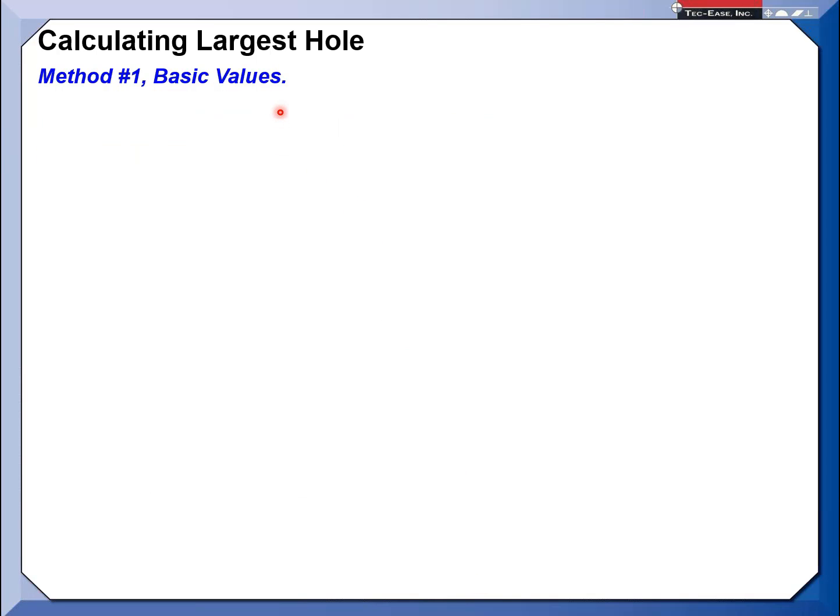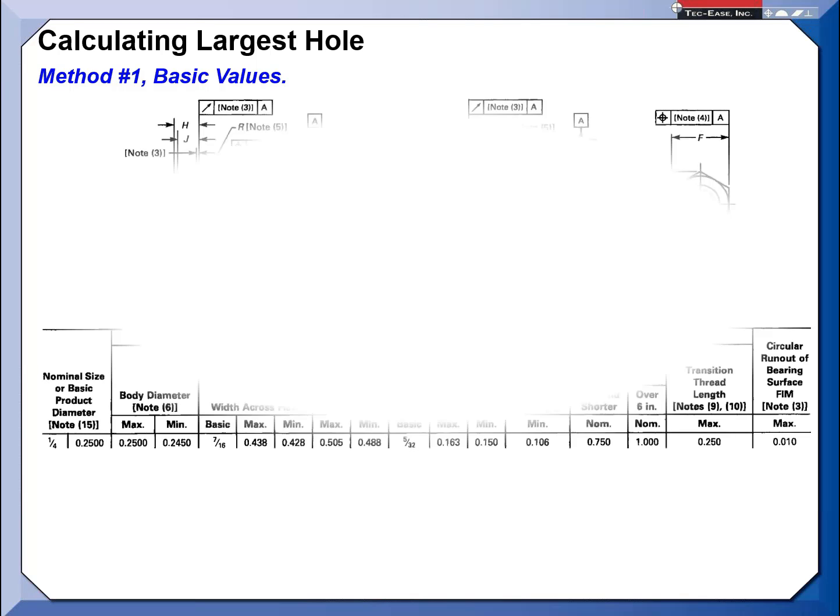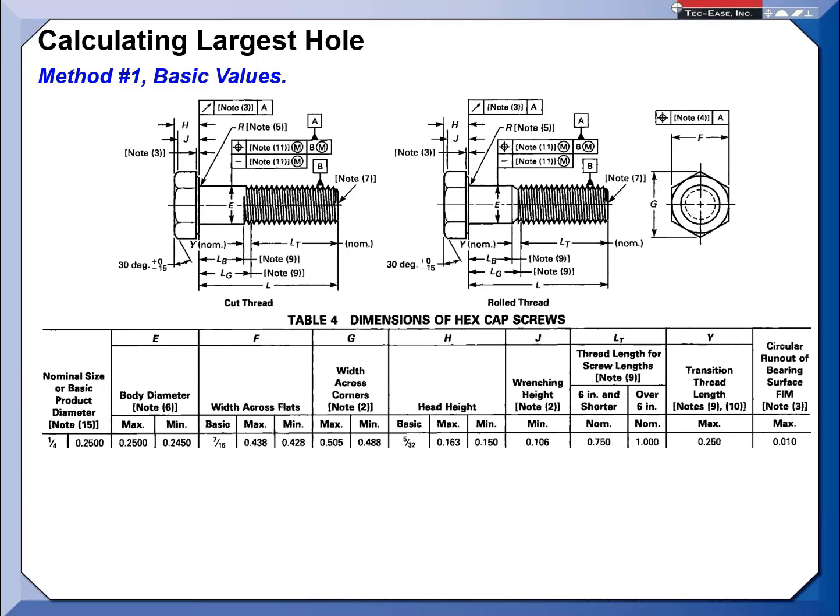So here, based on method 1, basic, if you use just the basic values like the requirements I had per the challenge, here is an example of one of the standards controlling this type of hardware. The first thing is, what size is the bolt? As I said, use the basic diameter.